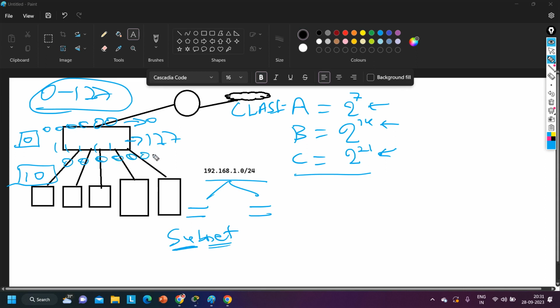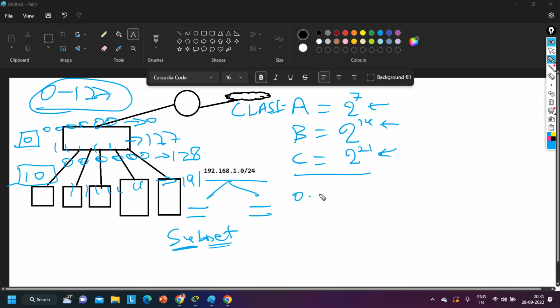If all 6 free bits are 0, then you will get the value 128. And if all bits are 1, then you will get the maximum value, that is 191. Yes or no? Yes. So that's why I'm saying for class A, we have reserved 1 bit, so we have 7 free bits. So we can design 2 to the power 7 networks from class A.